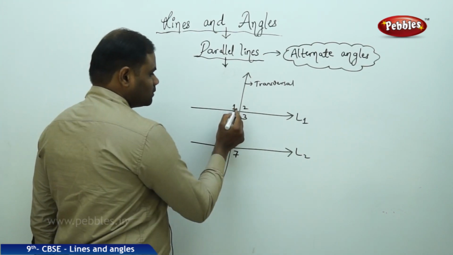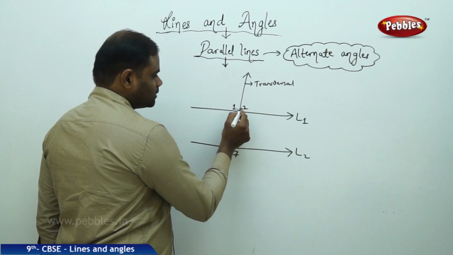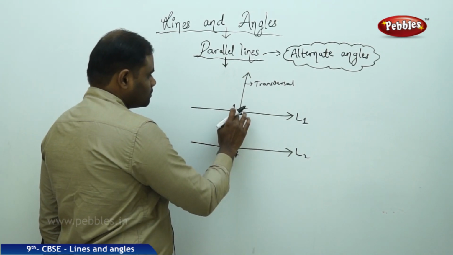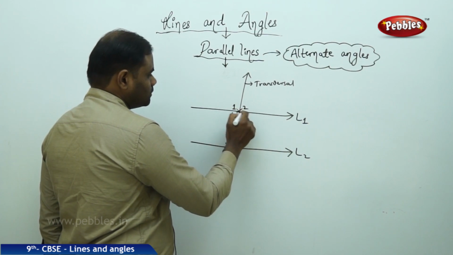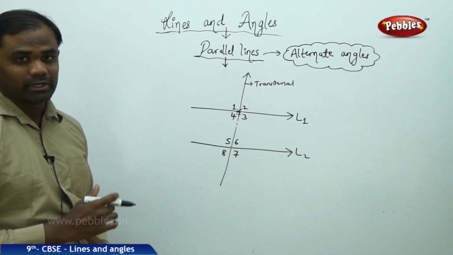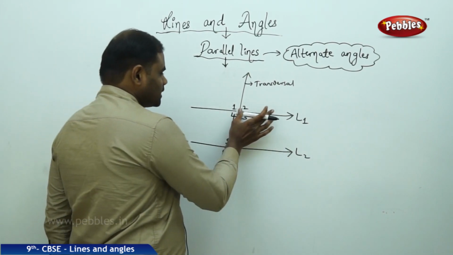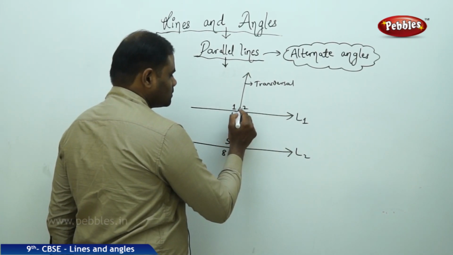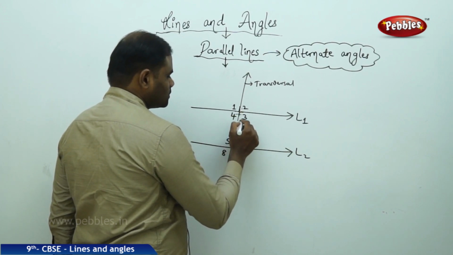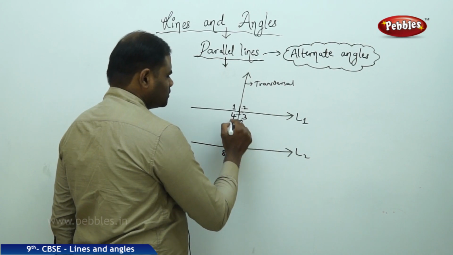Now here we call the alternate angles those which are on opposite sides of the transversal. So we have alternate angles which are alternate to the transversal. So clearly I see that this is alternate to this and this is alternate to this.